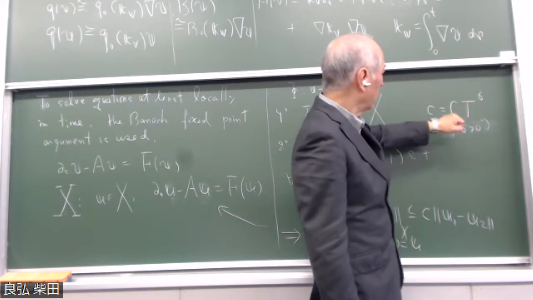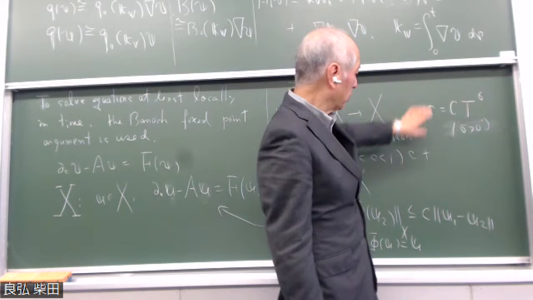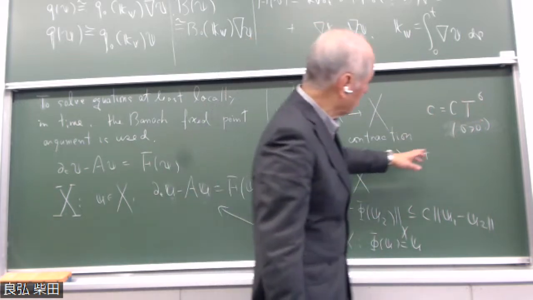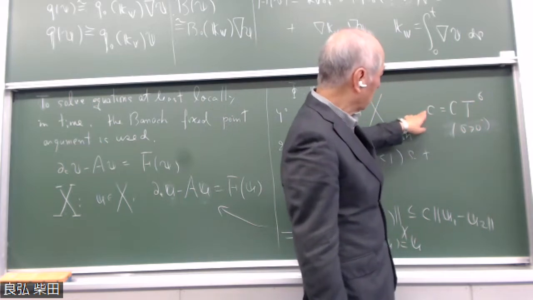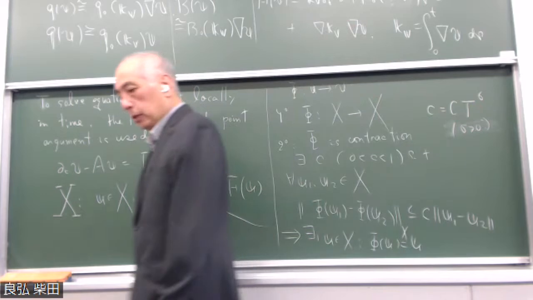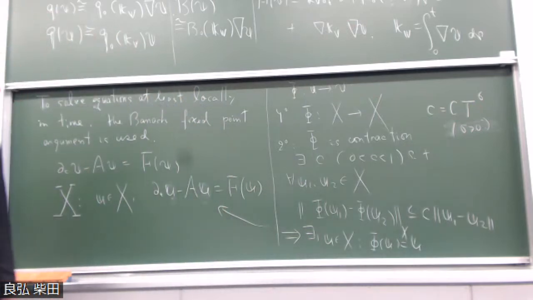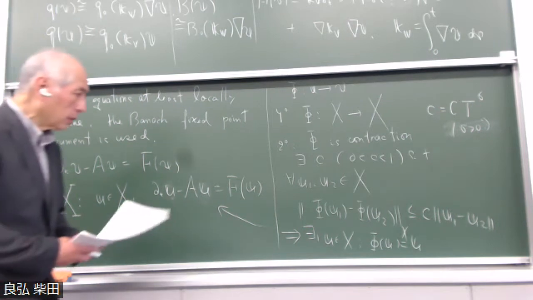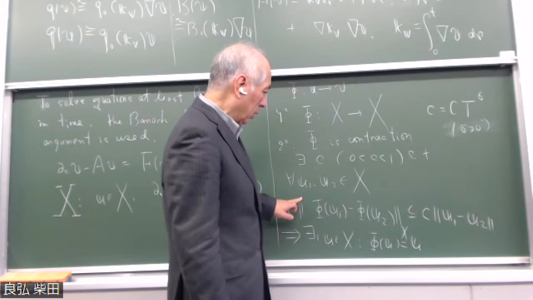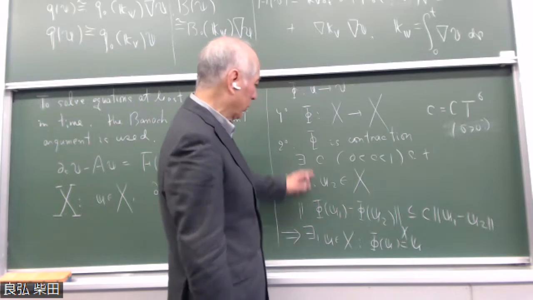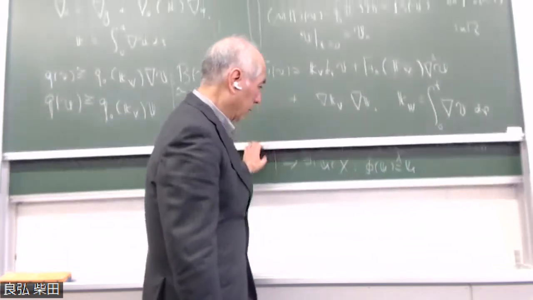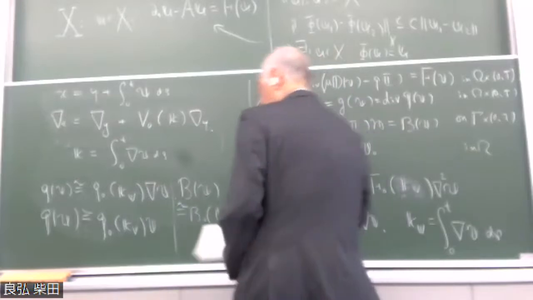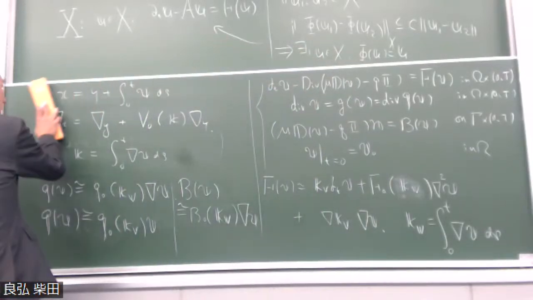Therefore, T is very small, and you can choose c less than 1. Or in other words, you choose T in such a way that small c is less than 1. So this is the standard method. And of course, this estimate comes from the linear estimate for the equations. So this is the standard argument.